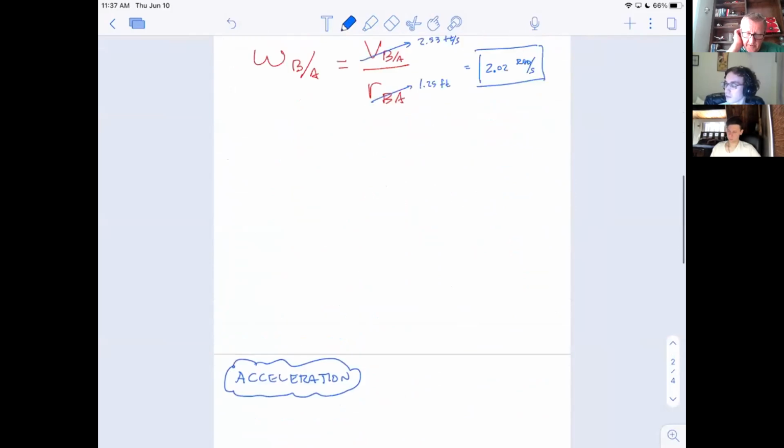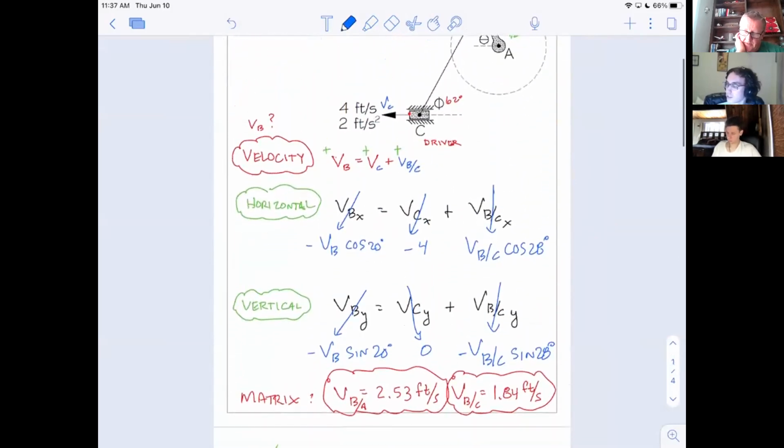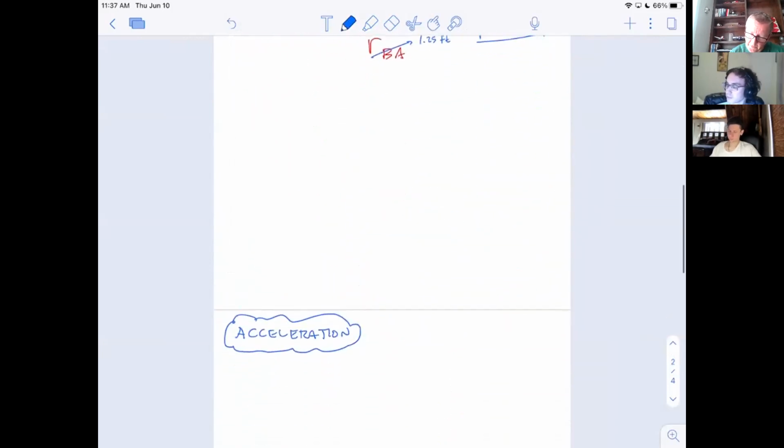In exactly the same way the velocity equation worked, acceleration will work exactly the same. If we want to know what the acceleration of B is, it's going to be the same as the acceleration of C, then with the rotational acceleration component to it.